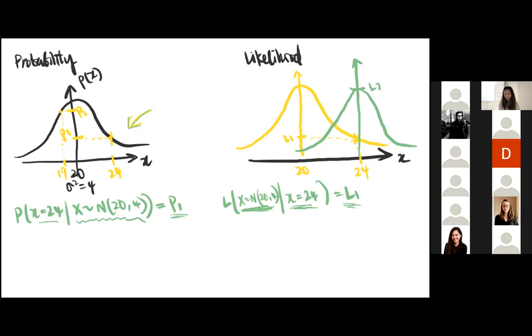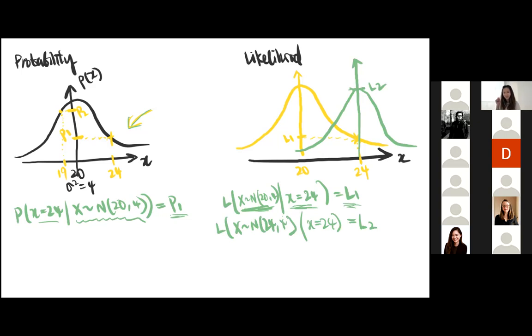L2 would be up here. So based on that, the likelihood of X following a normal distribution of 24, 4, given that we have our point of X equal to 24, is equal to L2. And in this case, L2 is greater than L1. L2 is right at the peak of our normal distribution curve, and because it's at the peak, we have essentially maximized our likelihood.